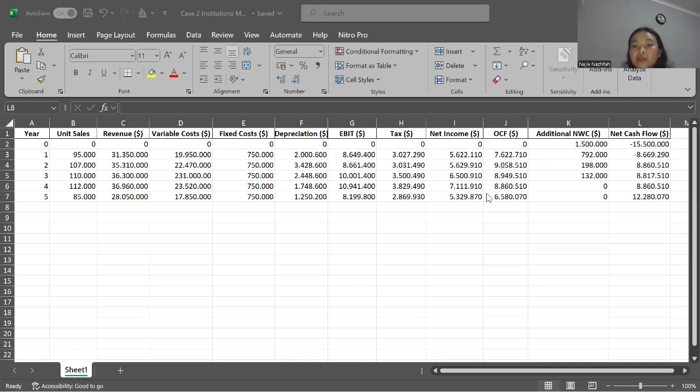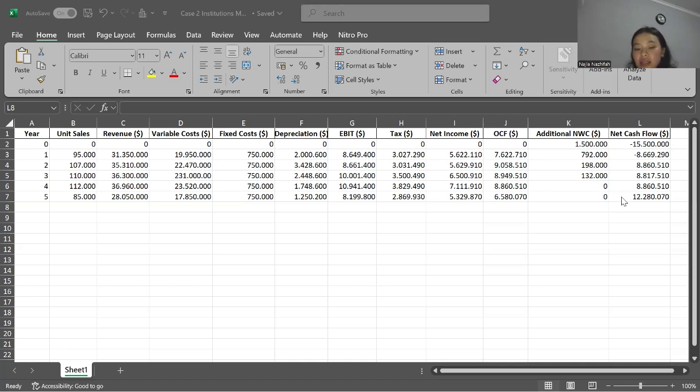We got $6,580,070, and we got the salvage and recovery of working capital equal to 4,200,000 plus 1,500,000, and we got $5,700,000.